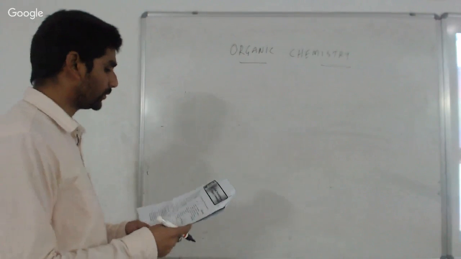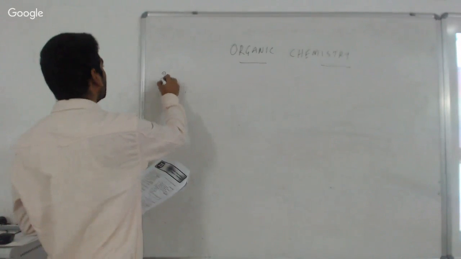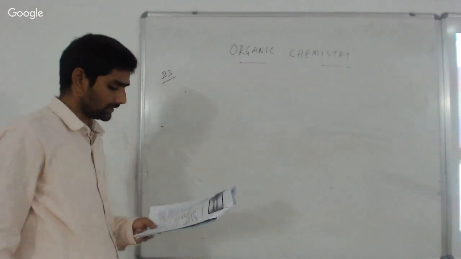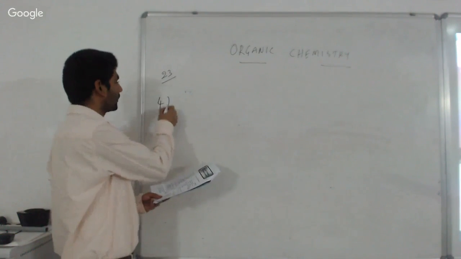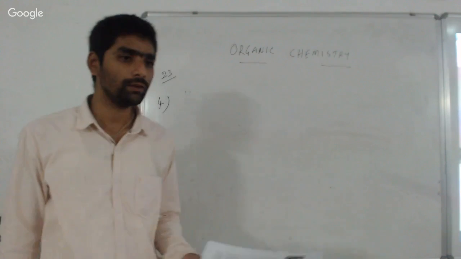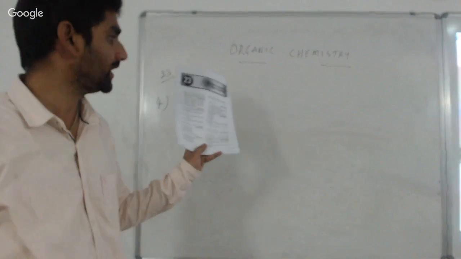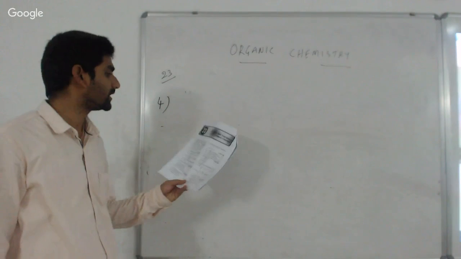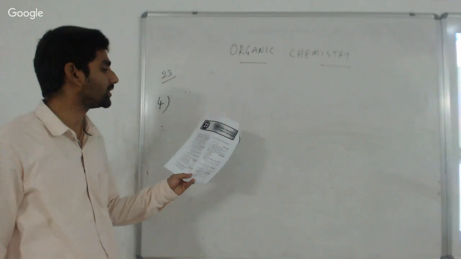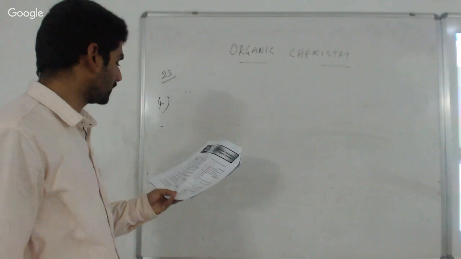Then open sheet 23. The topic is 23, some basic principles of organic chemistry. Question number 4. Please all of you take this sheet of previous JEE Mains questions.